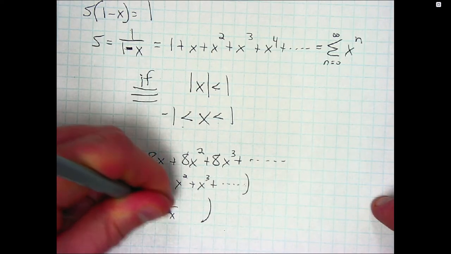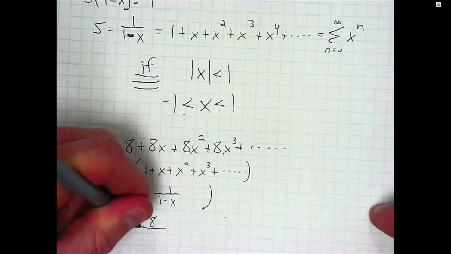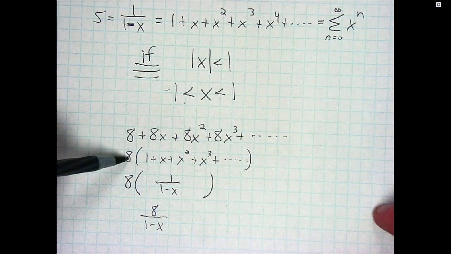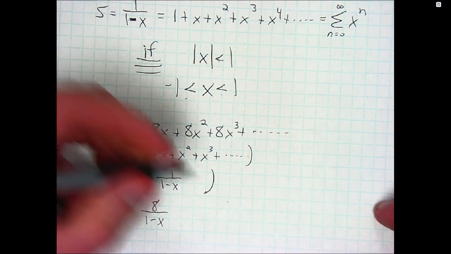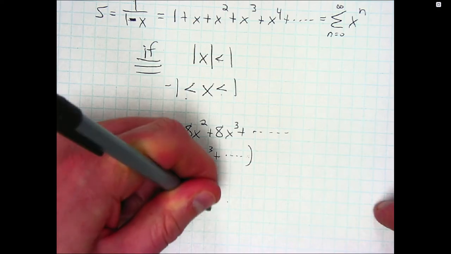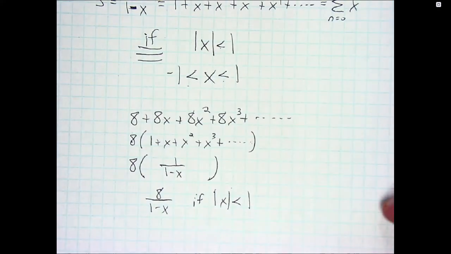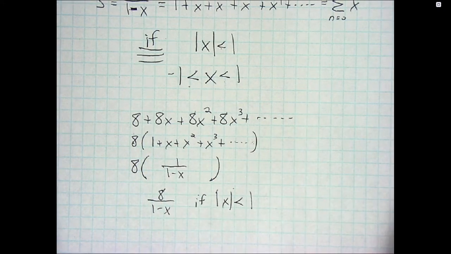It's 1 over 1 minus x. And so this infinite series that I started with would just be 8 over 1 minus x, right? And we would want to make note of when this is going to converge. Well, the 8 is just sitting out here. It's still going to converge at that same place, and so still converging if the absolute value of x is less than 1. And so we can start with a series and sort of manipulate it a little bit.